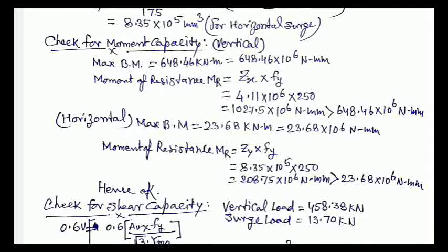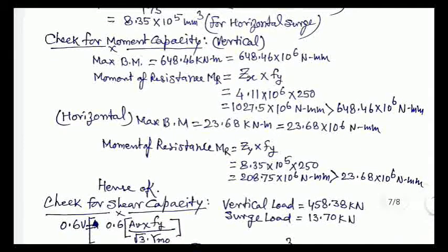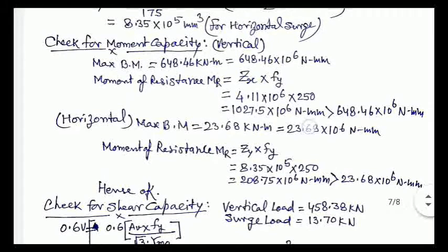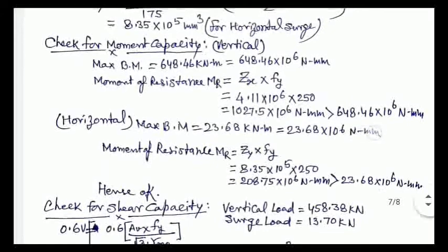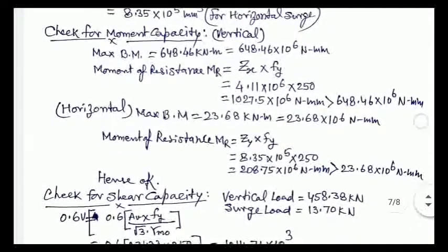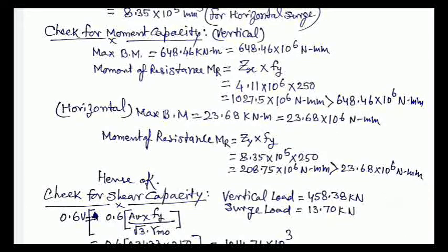Here Zx is 4.11 into 10 raised to power 6 multiplied by Fy 250. So it comes out to be 1027.5 into 10 raised to power 6 Newton mm, which is far more than the maximum upcoming bending moment. Hence it's safe and okay.